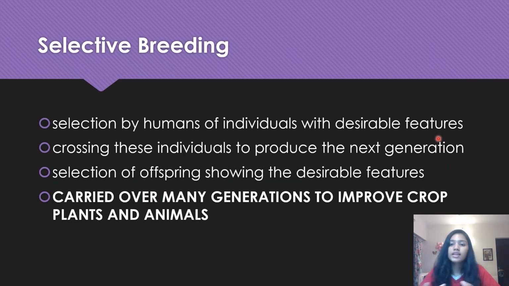And then these offspring are further crossed. You have to write, after this point, they are further crossed. And this process is carried over many generations to improve crops, plants, and animals. So you have to write that a further cross is done. And then you have to write about the generation point.